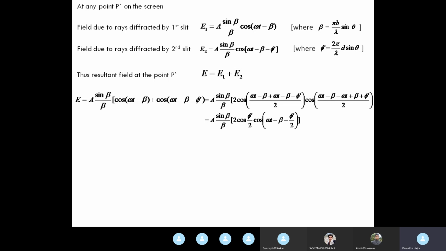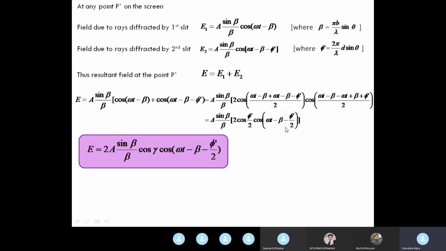A sine beta by beta remains in front, and inside you get 2 cos phi prime by 2, and the varying term is cos omega t minus beta minus phi prime by 2.